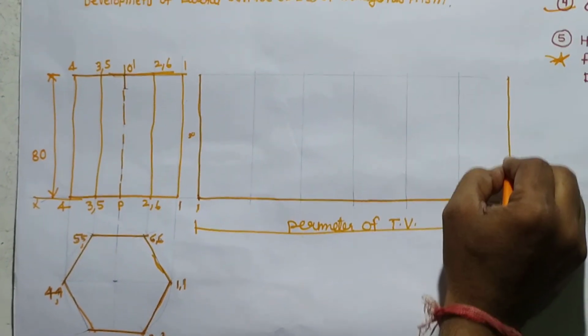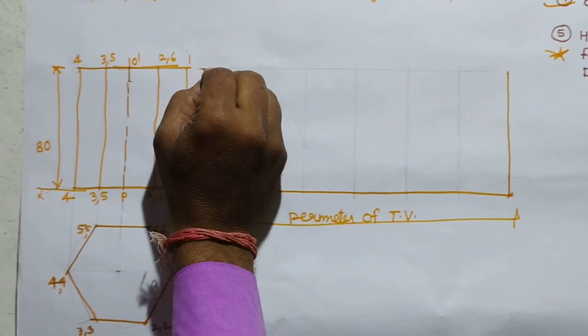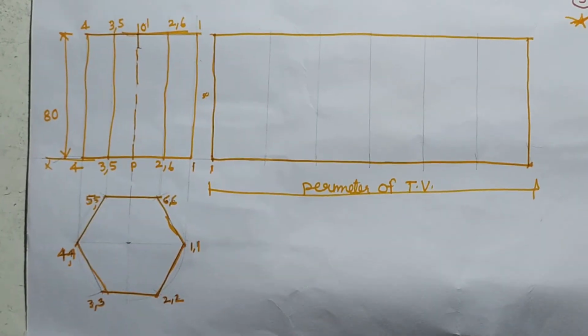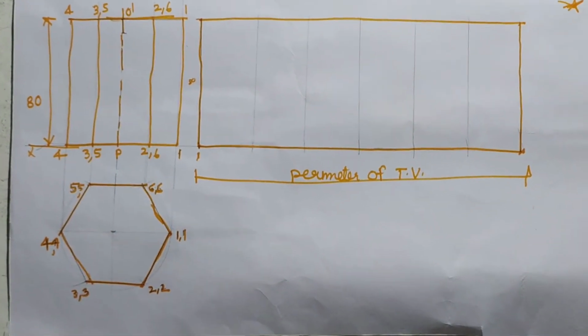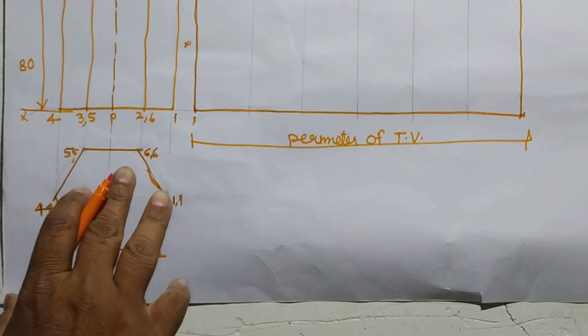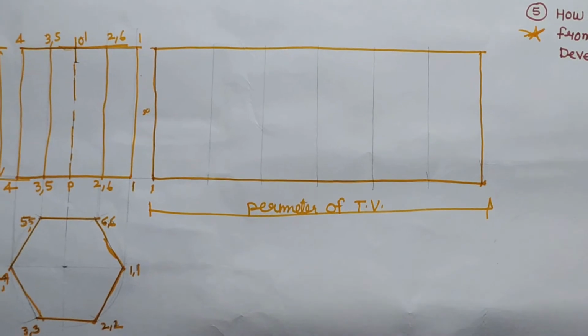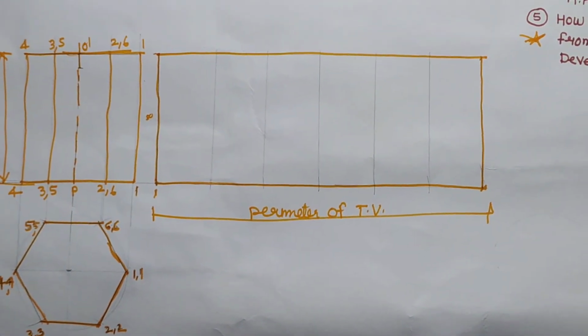This is the rectangle seat required to develop the hexagonal prism. Now I will take this distance.